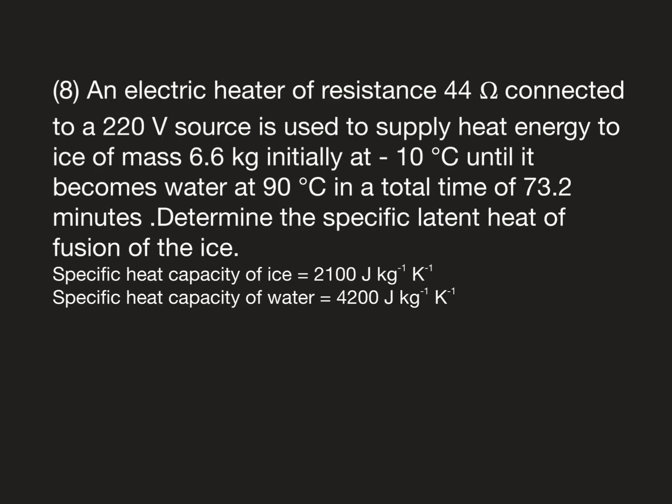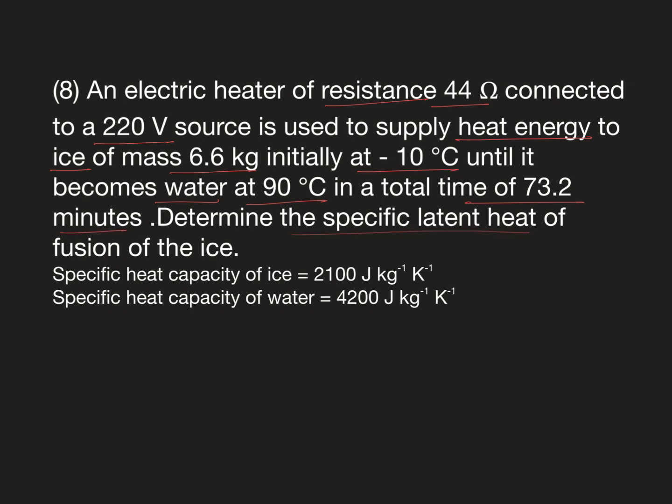An electric heater of resistance 44 ohms connected to a 220 volt source is used to supply heat energy to ice of mass 6.6 kilograms initially at minus 10 degrees Celsius until it becomes water at 90 degrees Celsius in a total time of 73.2 minutes.